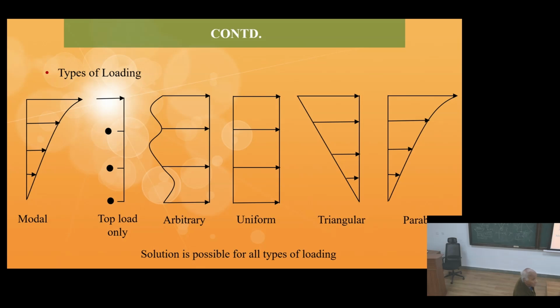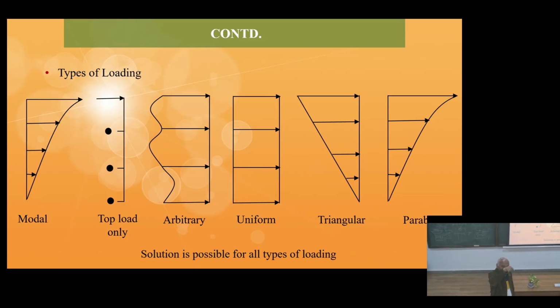Now we come to another thing. The types of loading. We are talking of force still. We are not talking about the displacement. The force that we can apply onto this particular structure.